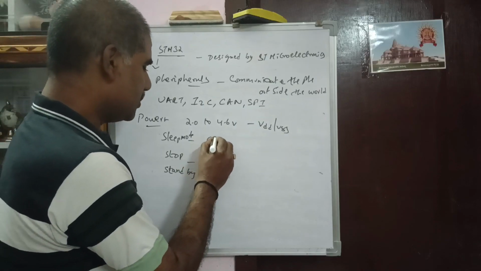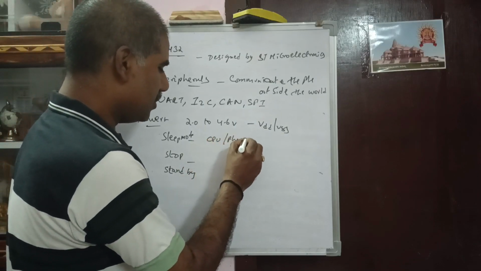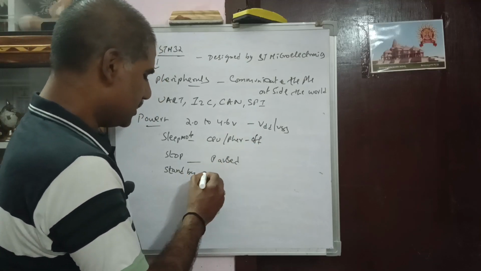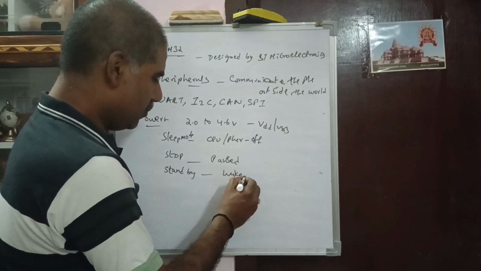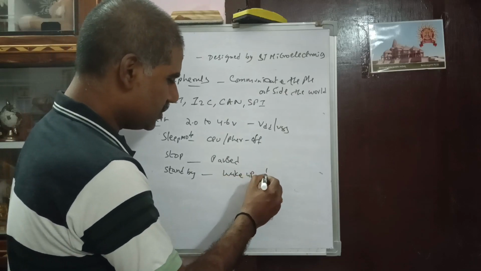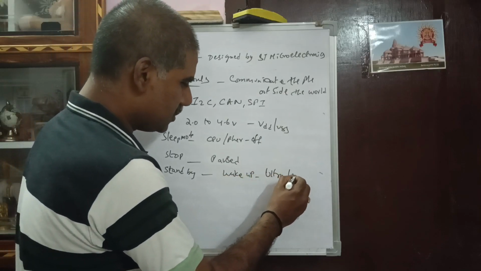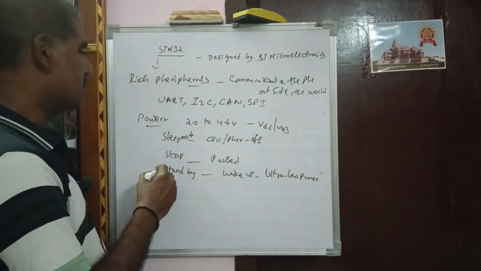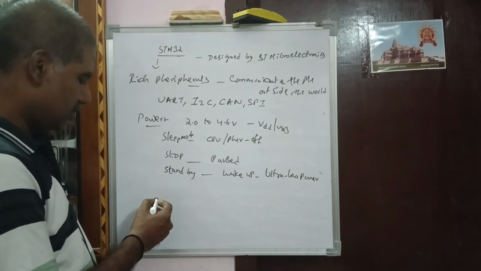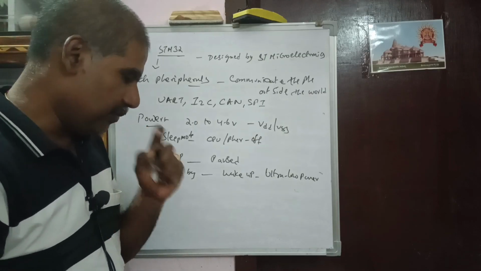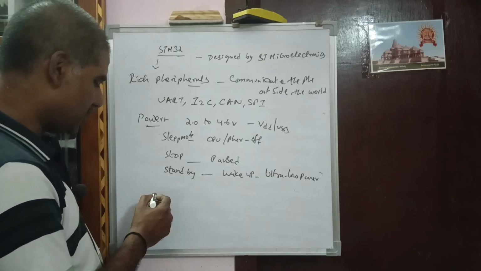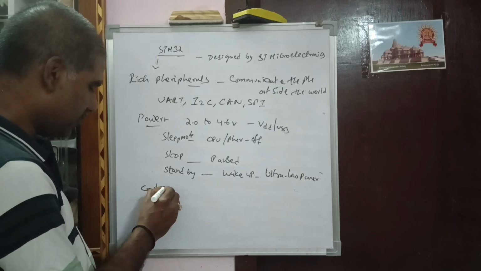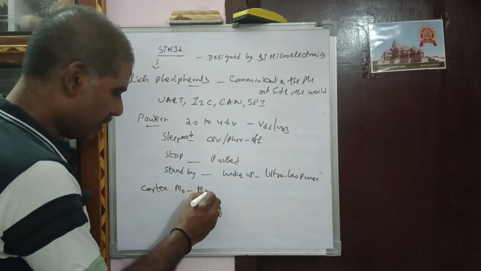In sleep mode, the CPU or peripherals can be in off state. Stop means the functions are paused. And standby is used to wake up the function. Ultra low power signals are used in it. Okay. Another one in STM32 is communicating data within the peripherals. For that, its cortex ranges from M0 to M85.